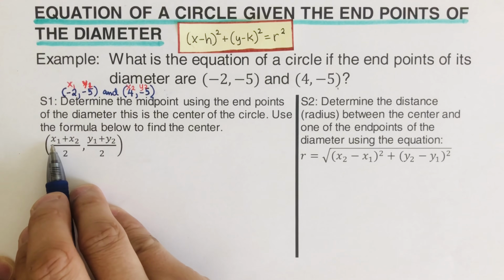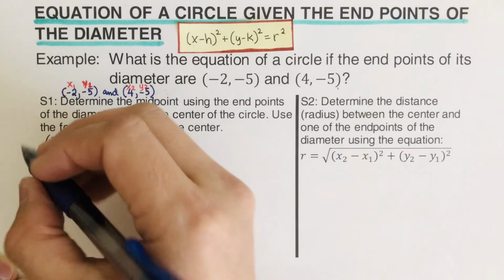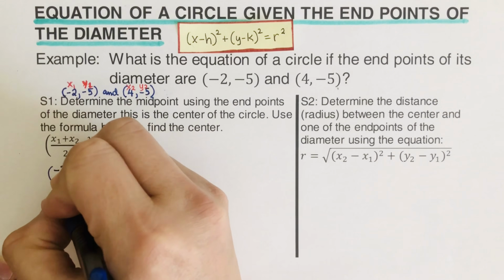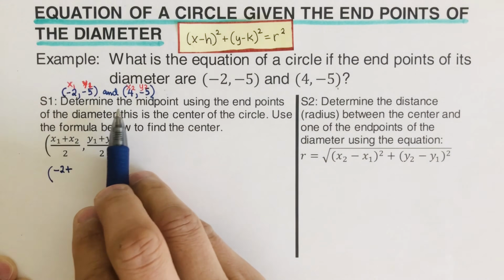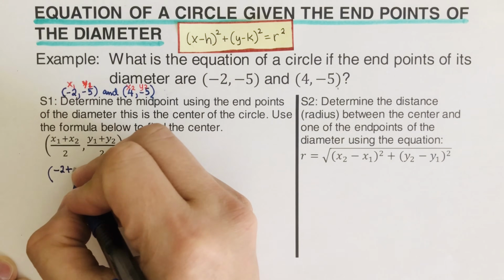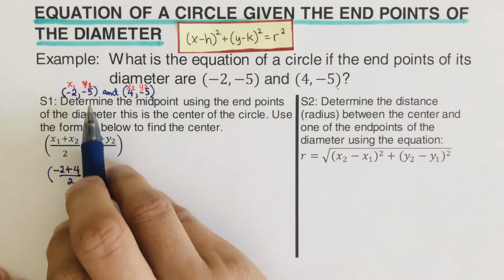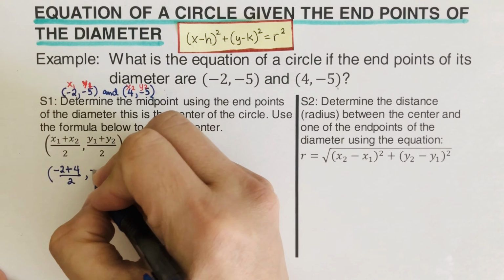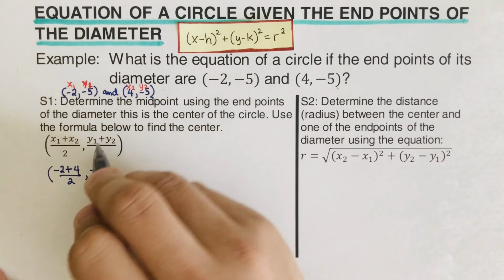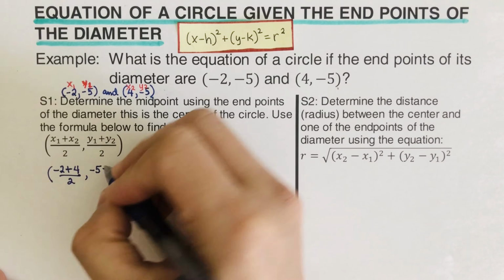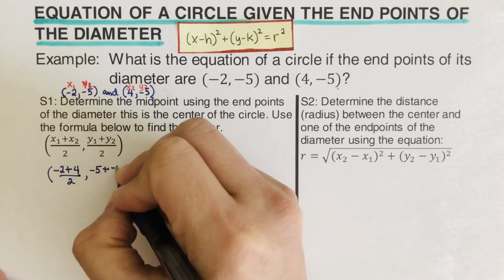We have x sub 1 is -2, plus x sub 2 is 4, over 2, and then y sub 1 is -5, plus y sub 2 is -5, over 2.